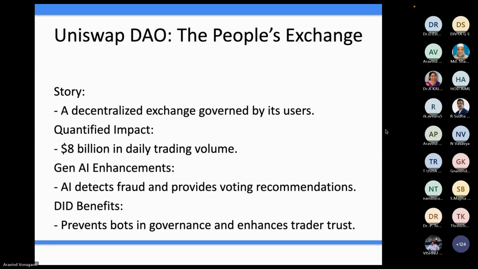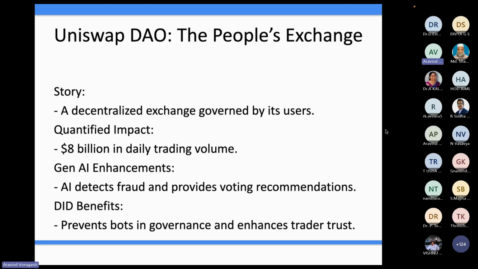So that is when the first decentralized exchange concept came, where the exchange functionality is also maintained on chain. And that happens as a DAO. Again, DAO is a decentralized autonomous organization where the users are the stakeholders. So this is a decentralized exchange governed by its users.